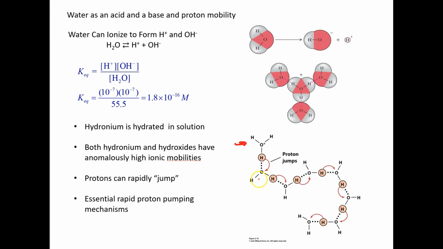It can interact with water here. And this hydrogen can jump to this oxygen. And let me show you that mechanistically, because it's worth going into. Now, we're talking about hydrogen bond donors, right? But if you have a hydronium, we've got our water.